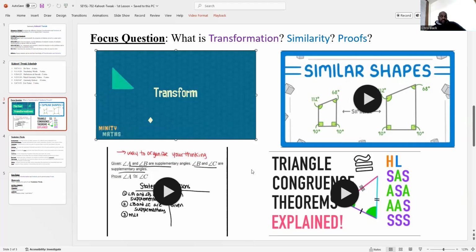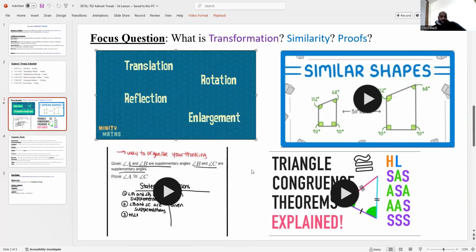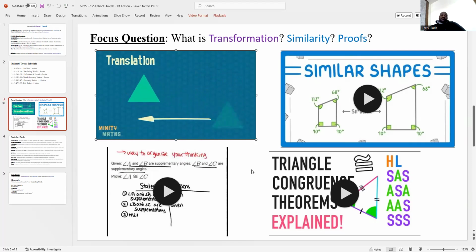To transform a shape means to change its size or position. There are 4 different ways we can transform a shape: translation, rotation, reflection, and enlargement. Let's look at translation. Translation changes the shape's position. The shape can be translated left, right, up, or down. We measure these movements in units. Let's look at an example.